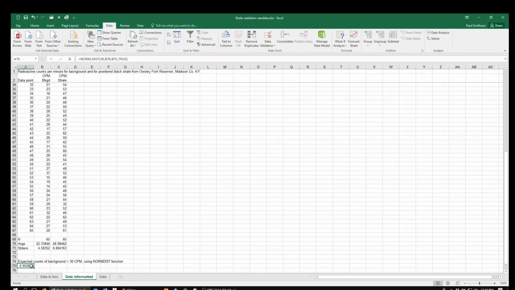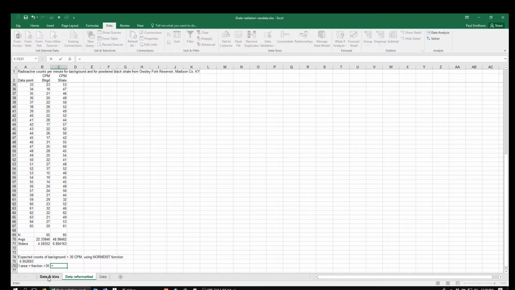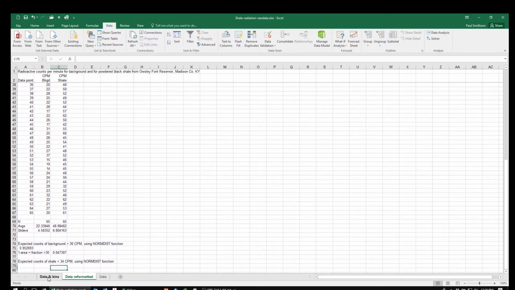We want what's greater than our test statistic, so we're going to say our area is 1, the total area, minus my area from negative infinity to this test stat, and that equals the fraction greater than 30 counts per minute. So equals 1 minus 0.95, or just under 5% would be expected to be an overlap.